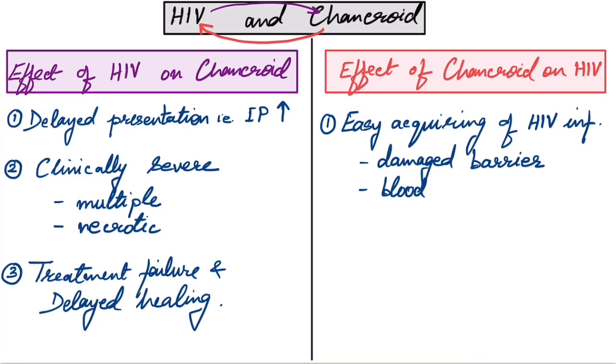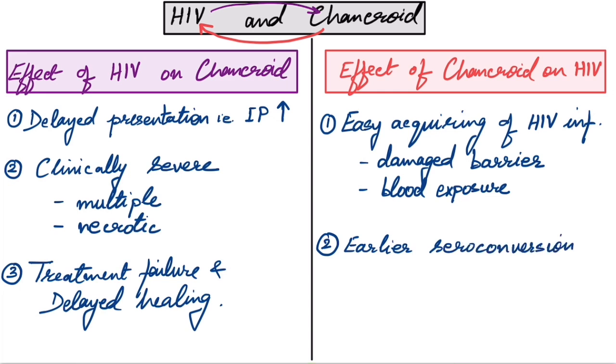The second point is that once you have got the HIV infection, the seroconversion of HIV infection is very fast if you have a concomitant Chancroid. So if you are given to write on this topic, HIV and Chancroid, please include all the investigation, the diagnosis, the management and the treatment part as well of both the diseases, HIV and Chancroid.